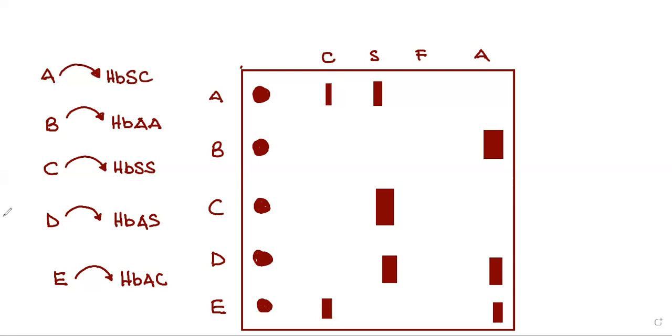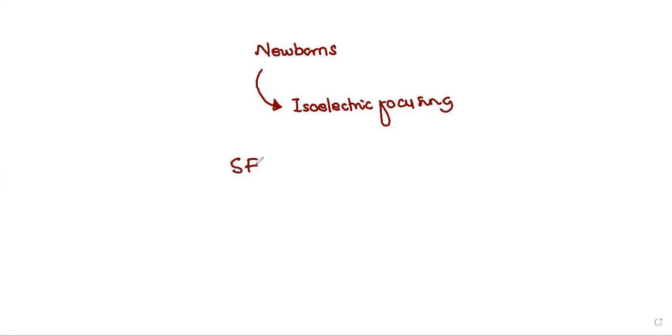You seem to be good, so that is fine. So let's go back to the question. In newborns, we don't use electrophoresis to determine their genotype. We use, and it's available in Ghana, isoelectric focusing. Any newborn who has an HB SF is not showing the other S because he has the fetal hemoglobin.